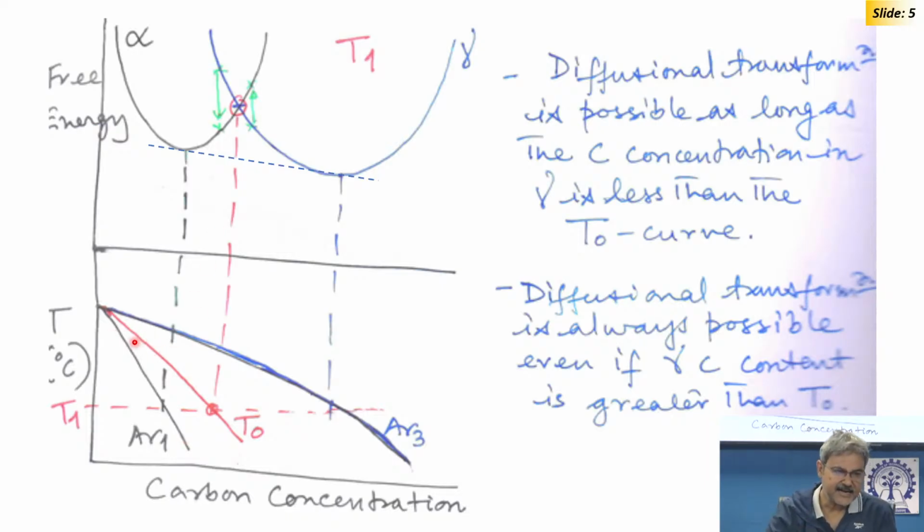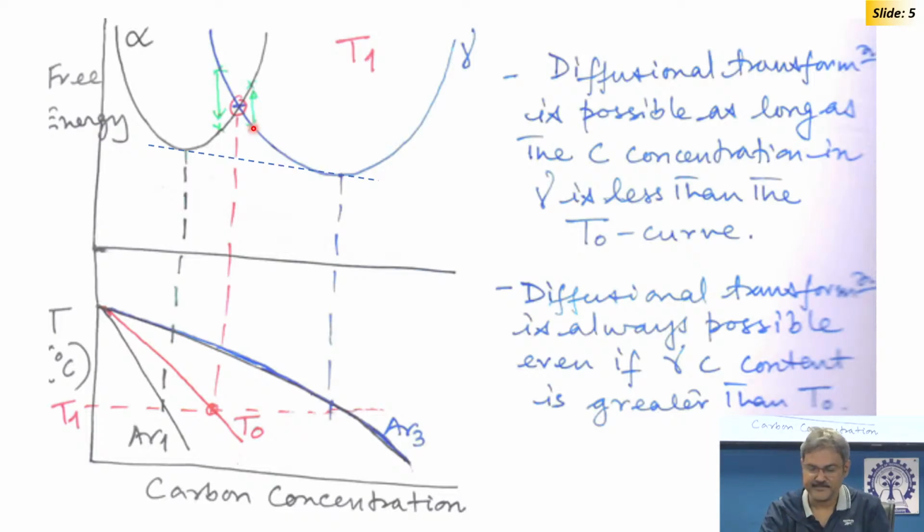And there is another contour that you will get in the middle in red, where the free energy of austenite and ferrite are the same, equal free energy. So, if you are at the higher carbon side of austenite of that composition, is it possible to transform that austenite directly into single phase ferrite?